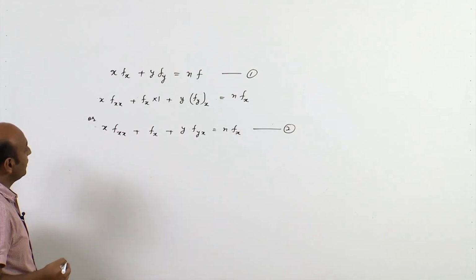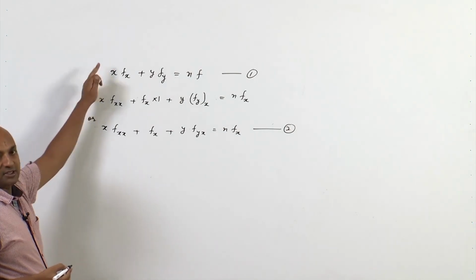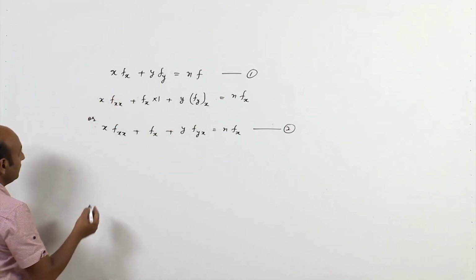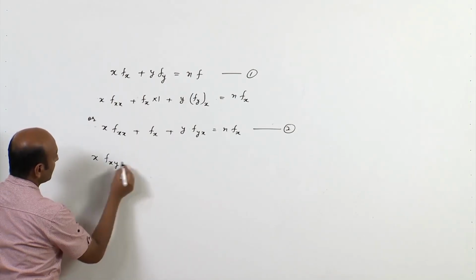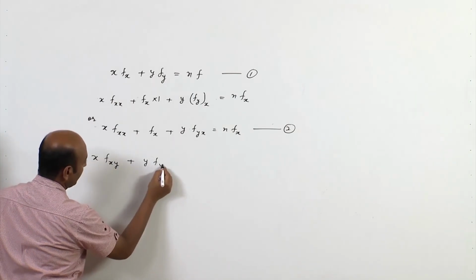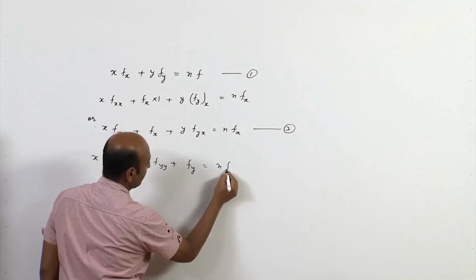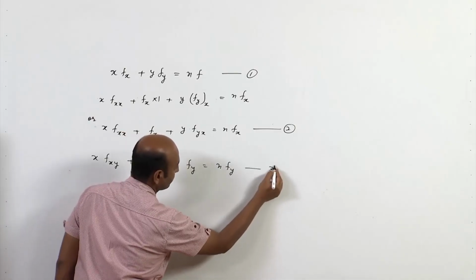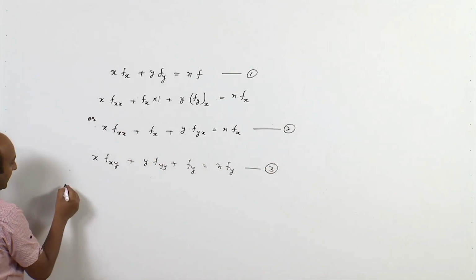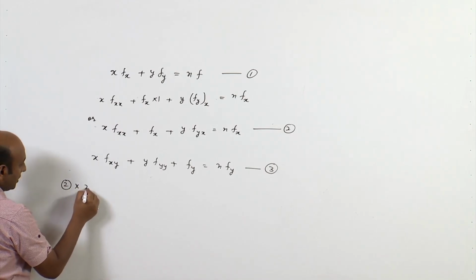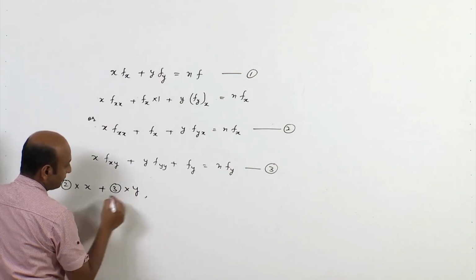Now, again differentiate equation 1 partially with respect to y, both sides. So, what you will obtain? It is x f x y plus y f y y plus f y is equal to n f y. Now, multiply equation 2 by x and equation 3 by y and add them.